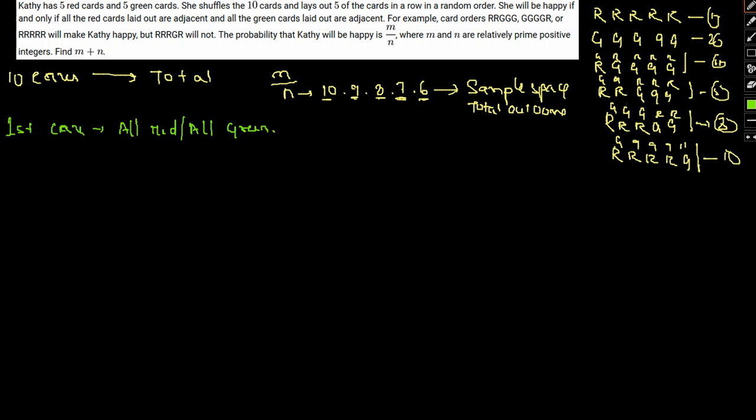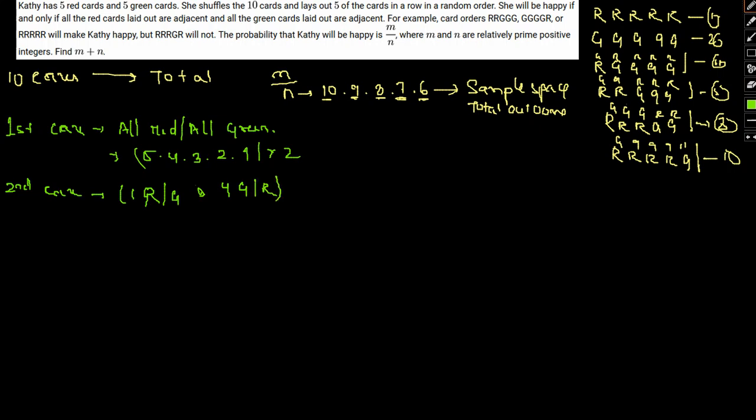So simply we'll have 5 into 4 into 3 into 2 into 1, into 2 for both red and green. In the second case, 1 red or green and 4 green or red.